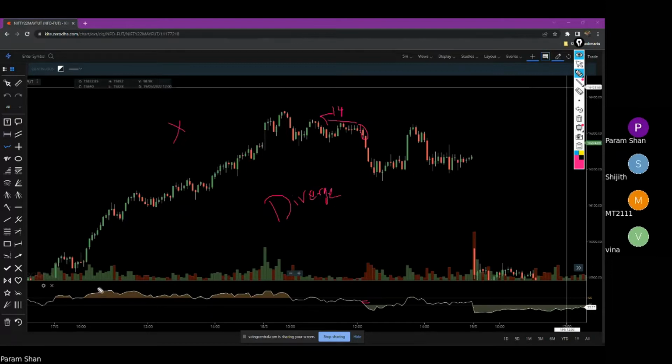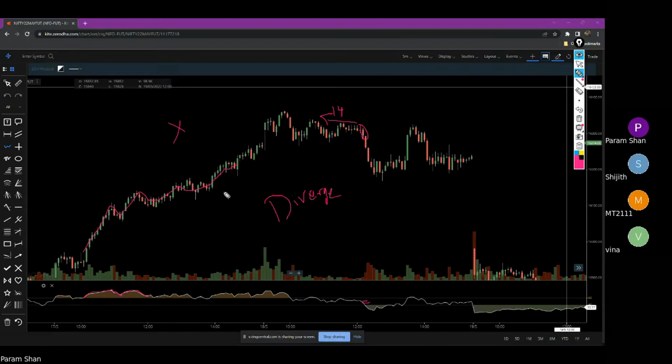You see here, price started from here, price was going up, price went down a little here, RSI went down, price again started going up, RSI also went down. So this particular line created by RSI is in sync with the price wave, right? And it continued to be above 60, so the price continued on the uptrend.